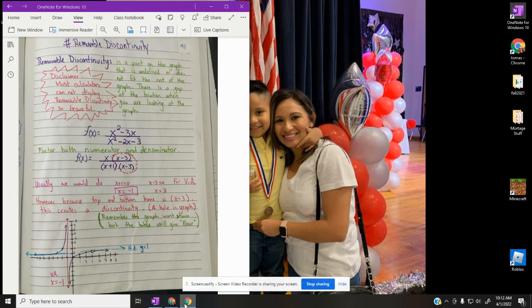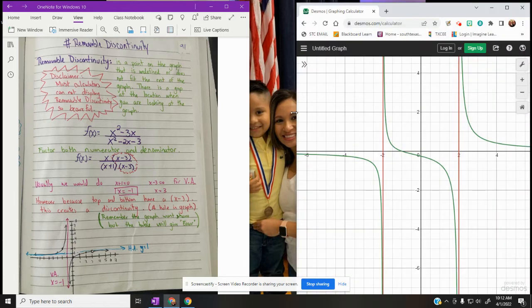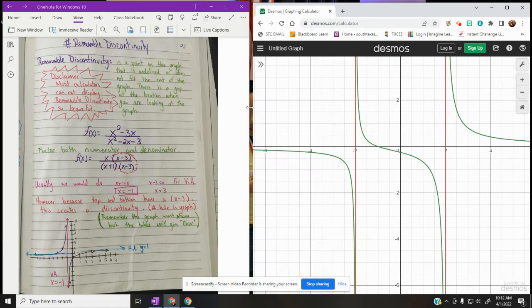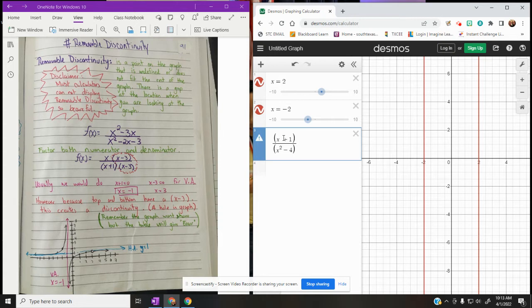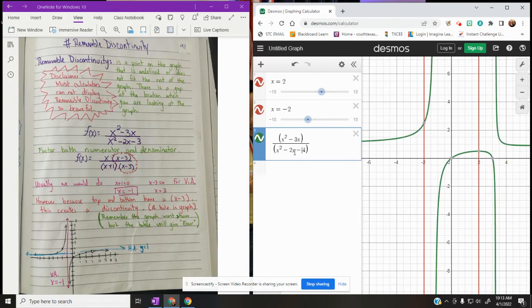So let me put up my graph. I actually did a pretty good job on the graph. I'm pretty stoked about that graph. But I'm going to type it up here so we can have it for availability. Minus 3x, and we have 2x minus 3.